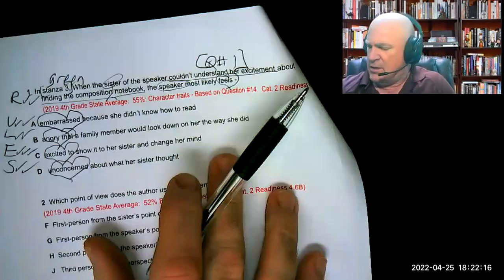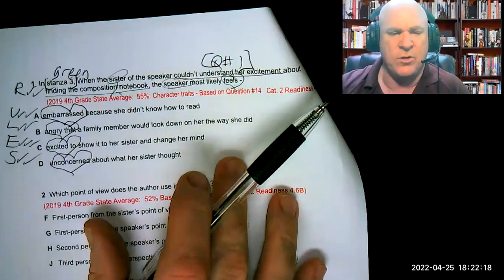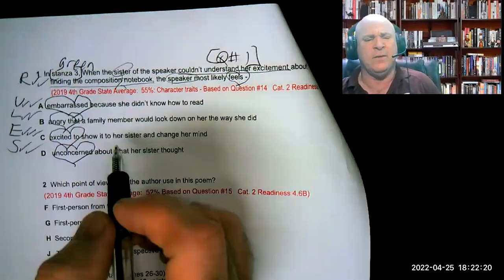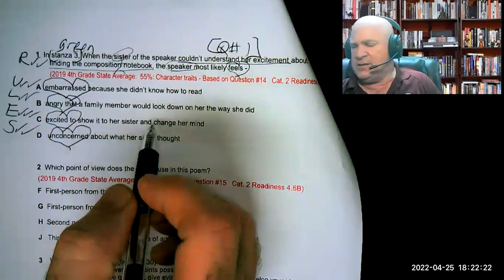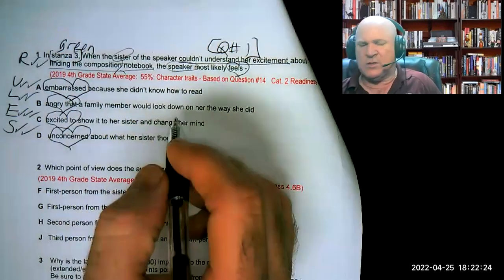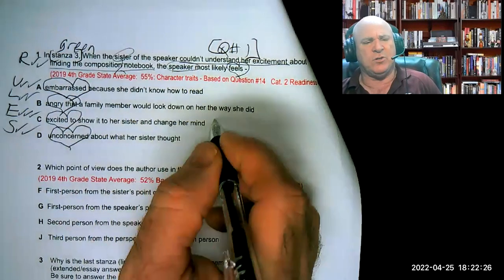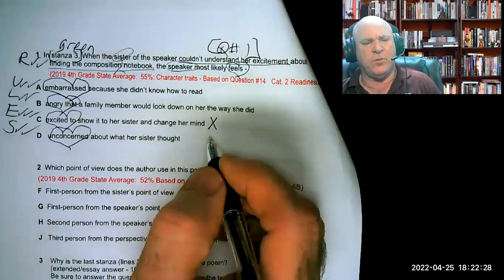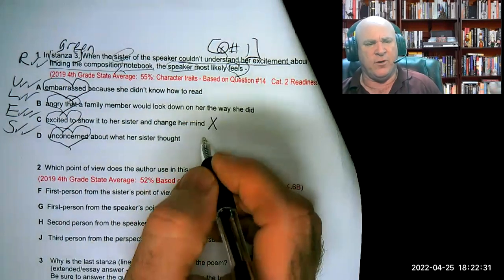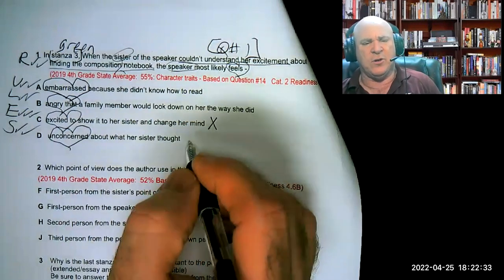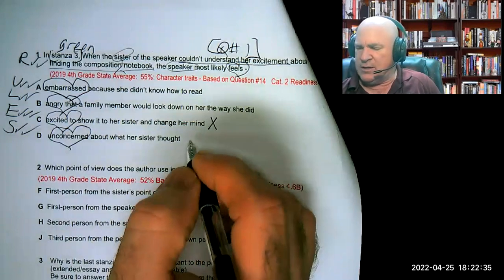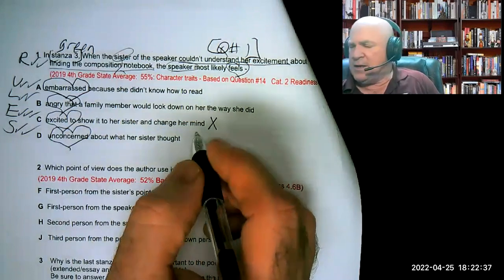She's not excited to show it to her sister and change her mind. Well, since that next stanza doesn't even mention her sister, just her reactions to the poem, I'm going to probably infer that she's unconcerned about what her sister thinks, that she's not angry.